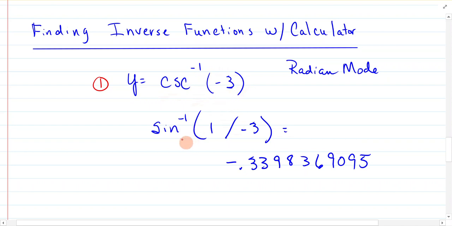So we have to remember that inverse cosecant is the same thing as inverse sine of the reciprocal. So you're going to have 1 divided by -3, because these are reciprocals of each other. So on your calculator, you would do inverse sine of 1 divided by -3, and you would get that.